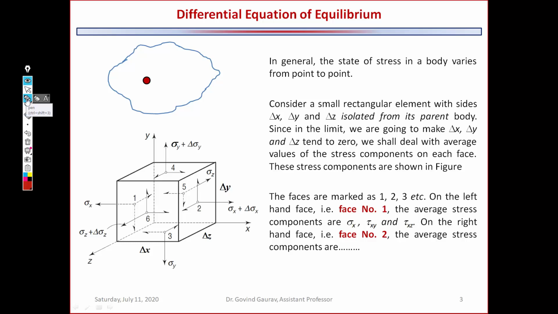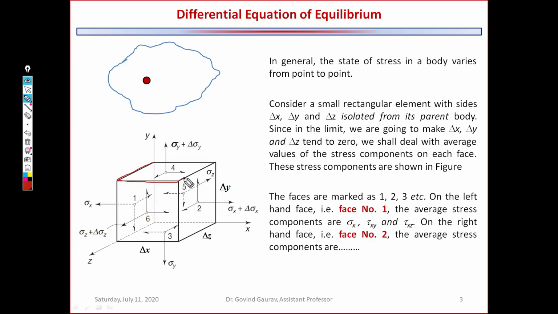If we take one particular plane, say this one, then the area of this plane will be delta y multiplied by delta z, and this plane is subjected to one normal stress, which is sigma x plus delta sigma x. The others would be the shearing stresses, this value of shear stress and these other values of shear stress.